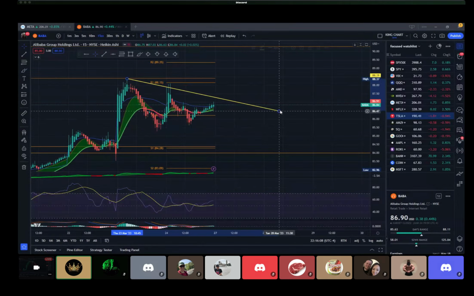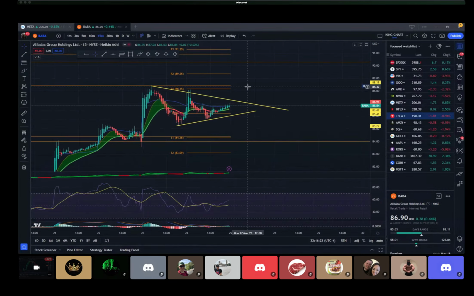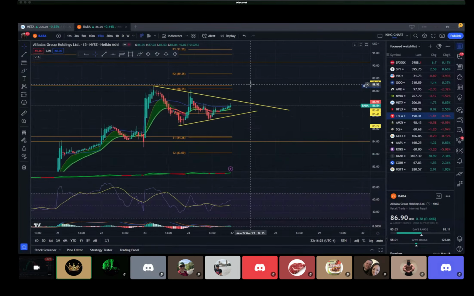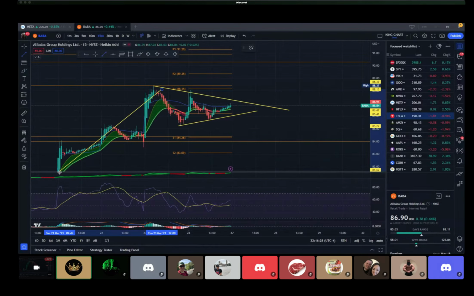I'm going to go with that one just because we have those 3 touches here. And here, a nice little symmetrical triangle. I wouldn't say it's a bull flag just because there's not that huge upside we had in Netflix.